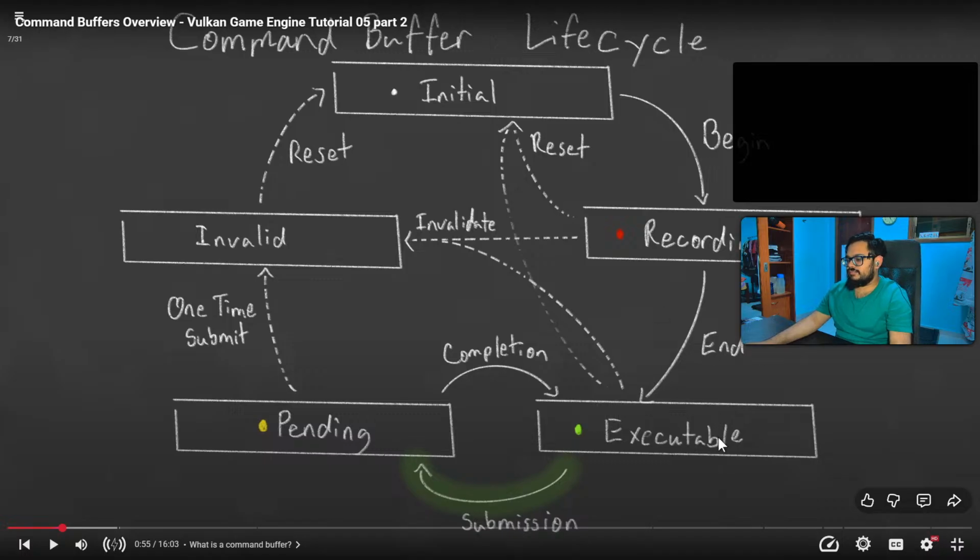When you end, it becomes executable, or it can go back to invalid, or you can reset it. Then executable, submission, completion. Okay. So you ask to make a frame, it computes, it sends it back, and then it loops, keeps sending a frame. Then runtime submit can go to invalid and then reset.